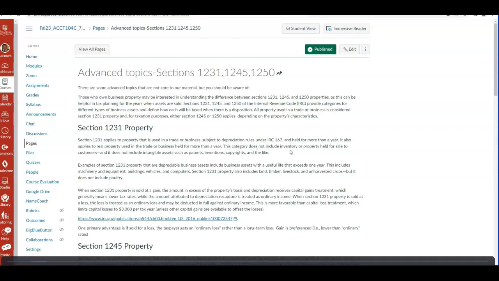This category does not include inventory or property held for sale. Why? Because inventory, let's say you are in a business of selling t-shirts. The t-shirt is your inventory. You never, ever depreciate that. That's not a section 1231 property. It's your inventory.